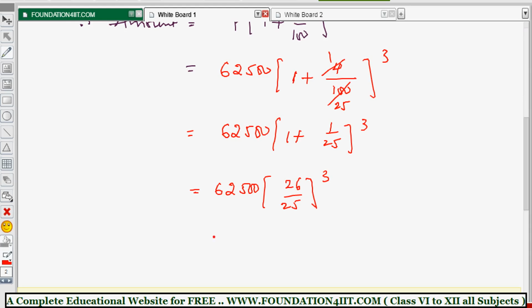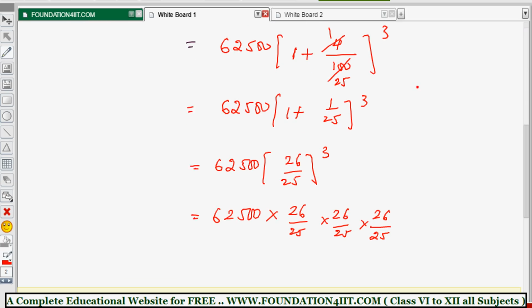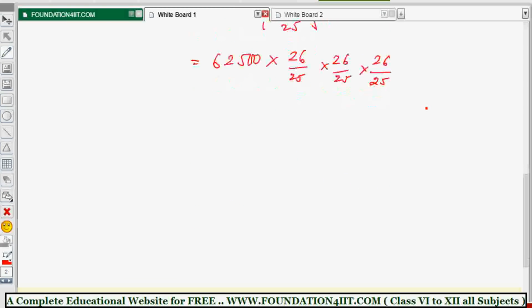So all to the power 3 means you need to multiply 3 times. So 62,500 into 26 by 25, into again 26 by 25, 26 by 25. Just calculate and simplify these given values. We can cancel 25: 25 ones are 25, 25 times 625, two zeros.